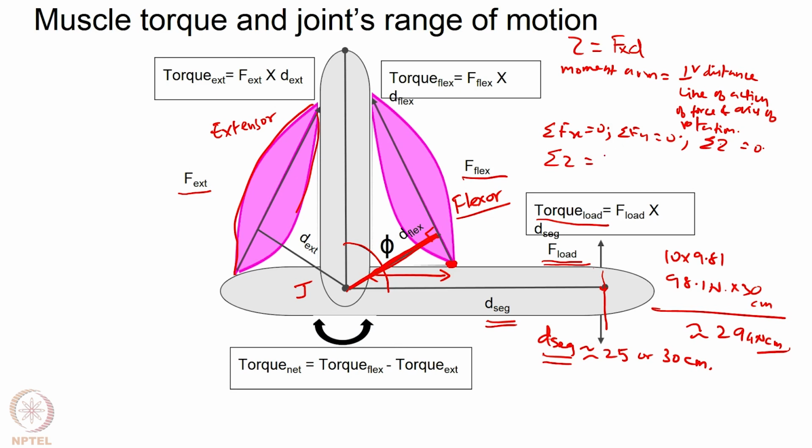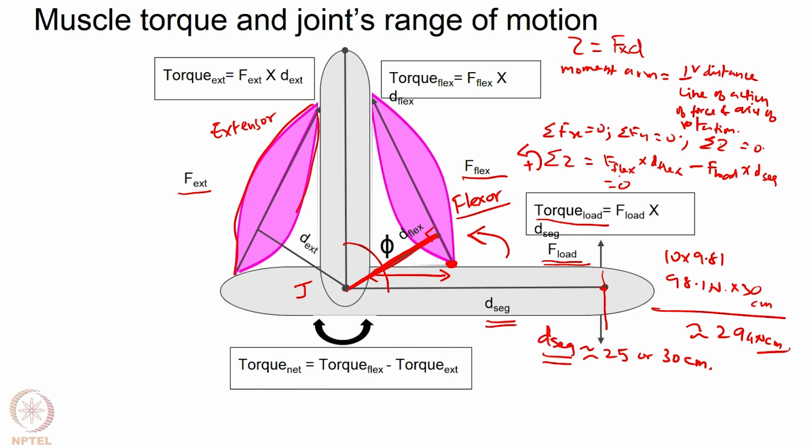So, this is essentially F flex times d flex, which is the counterclockwise moment. So, sigma tau, where counterclockwise moment is considered positive, is F flex times d flex, that is a counterclockwise moment, minus F load times d segment, and that is 0.